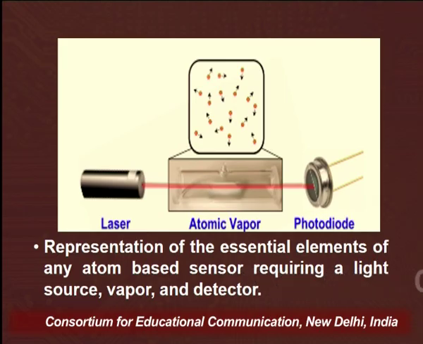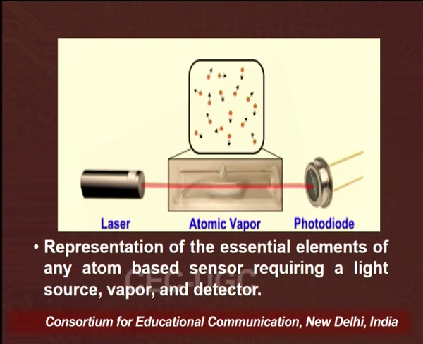So it is very easy to see the atom based sensor. This is the vapor of the atoms inside the cell. These are the essential elements of any atom based sensor: a light source, vapor and detector.